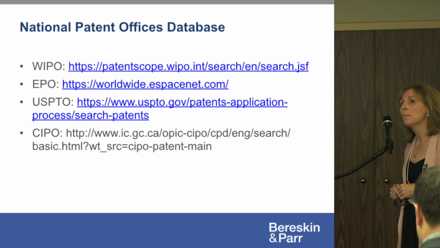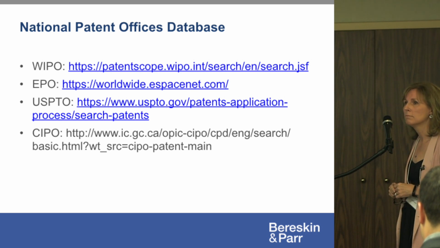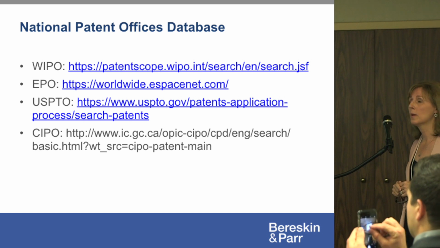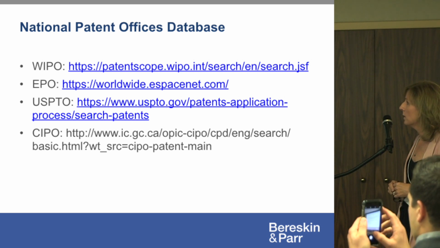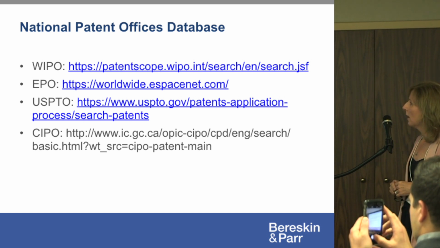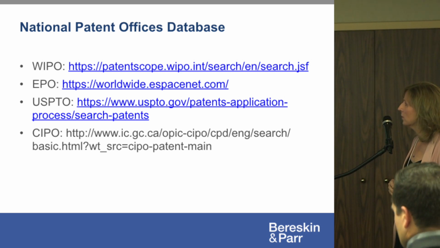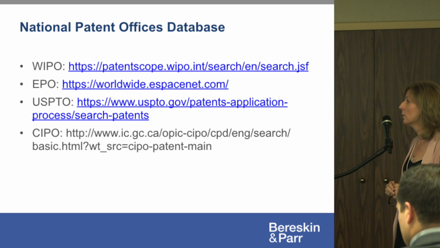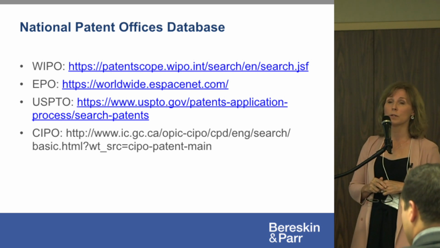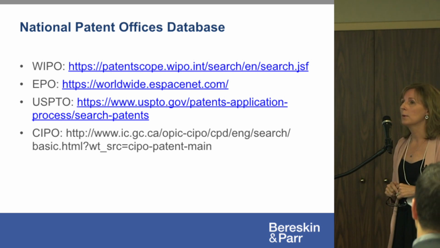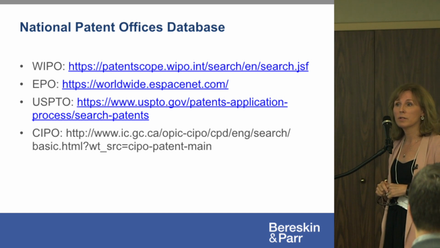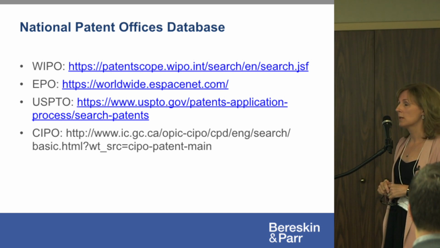They have a database called Patent Scope, which I find very useful, and I use it quite a bit. There's also the EPO's Espacenet, which, of the top two, I find very, very useful. The USPTO obviously is useful as well. It's specifically for the US, whereas with WIPO and EPO, you can actually search other countries' patents using those databases.